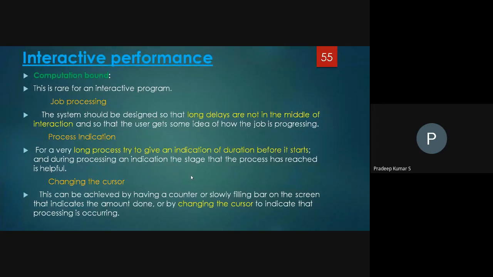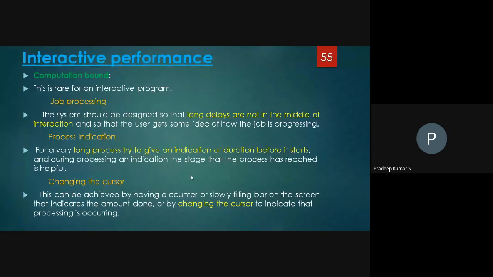So I need some indication that we have to wait for some seconds. At least we should gain some information. That is the process indication.